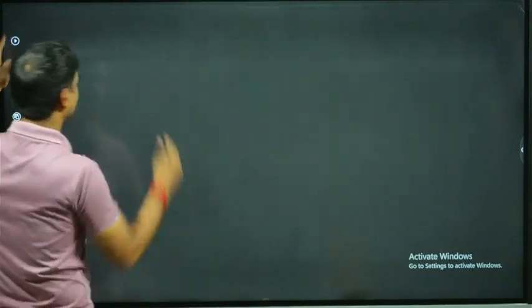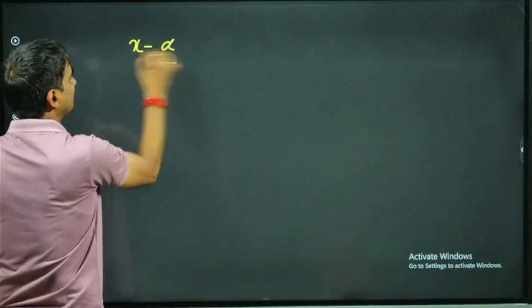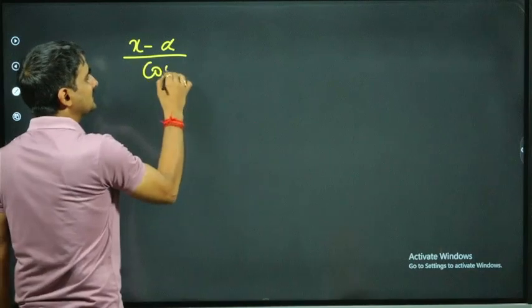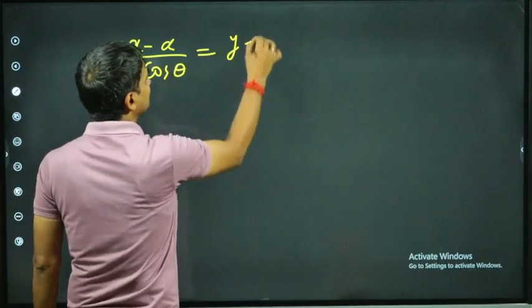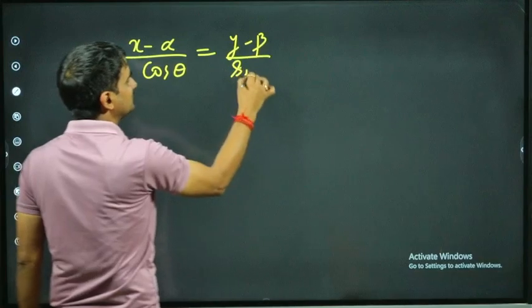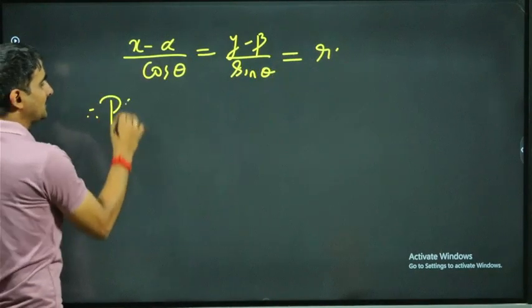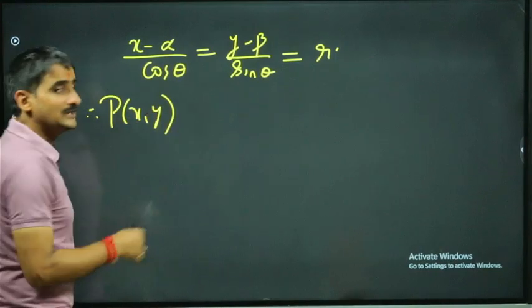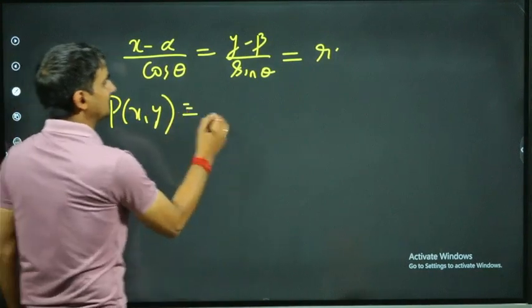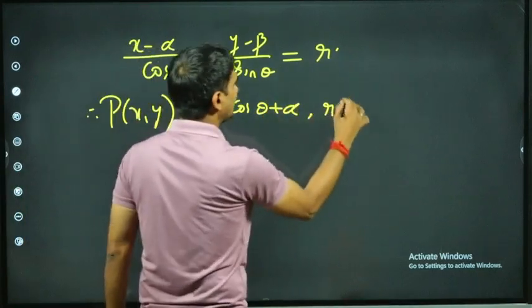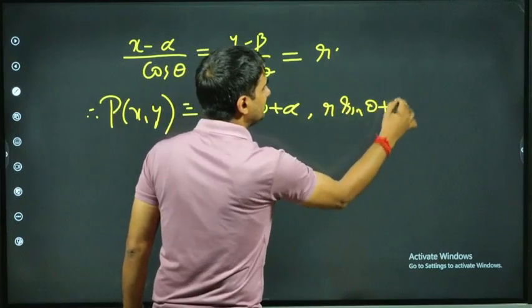So let's start. The parametric form is (x minus alpha) by cos theta, since we are given the slope is tan theta, equals (y minus beta) by sin theta, which is equal to r. We have already used it in our question, isn't it? So therefore any point P on this line is nothing but (r cos theta plus alpha, r sin theta plus beta).